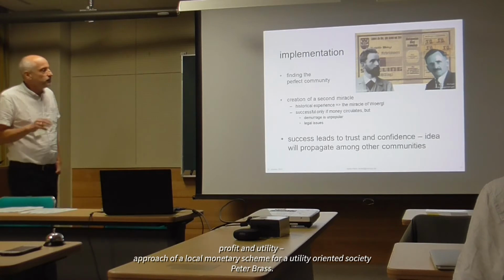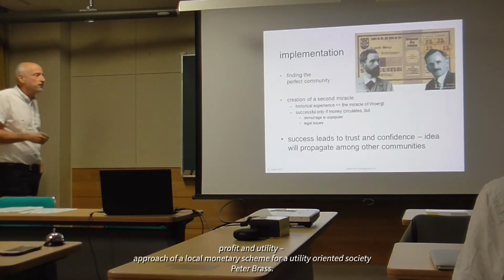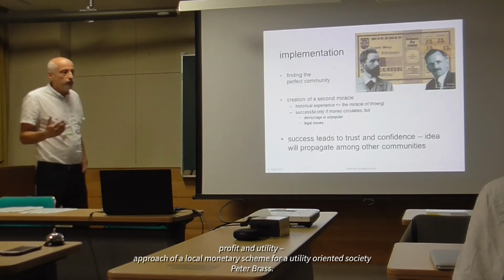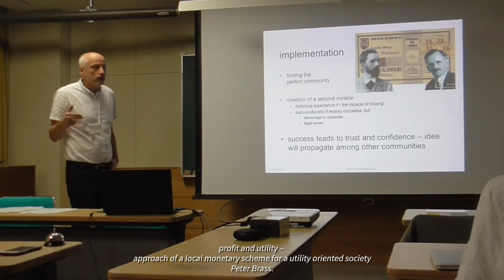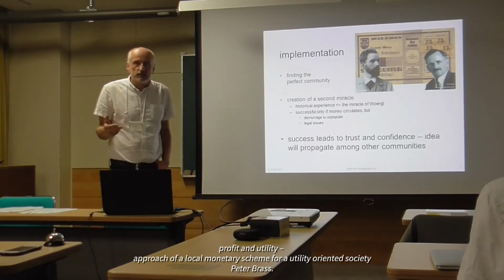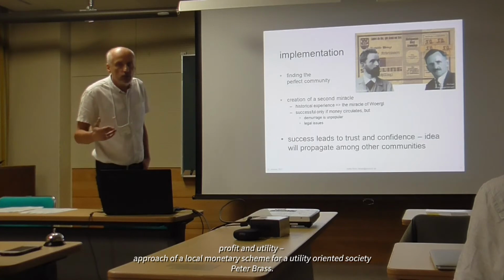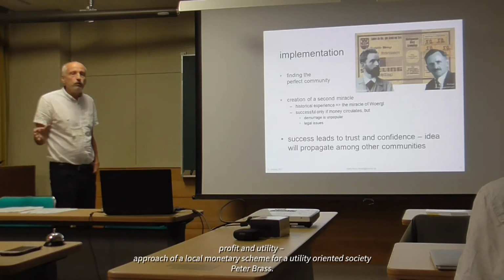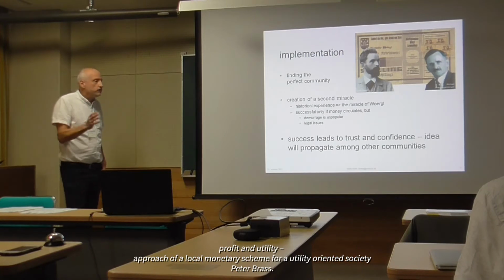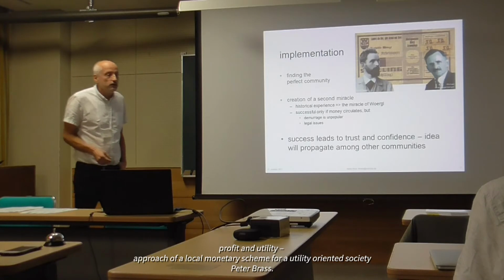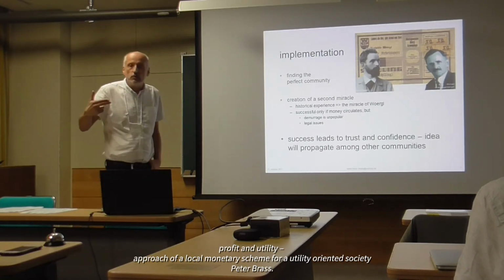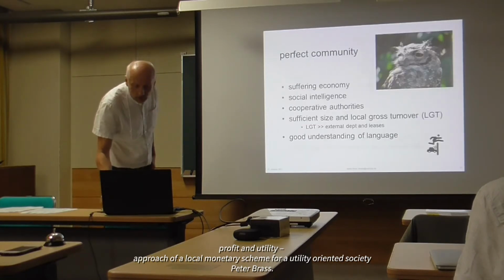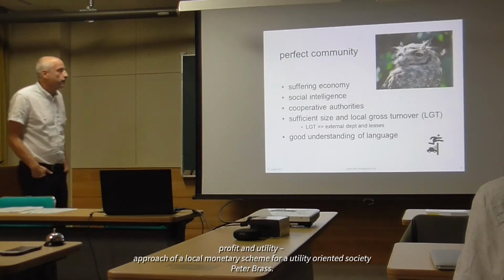So what does miracle mean? It's a historical experiment which we know from Wörgl, where they were relatively successful by implementing a demurrage money, which increased money circulation. But we all know that demurrage is extremely unpopular, and Wörgl had legal issues because the central bank forbade it. So, what does perfect community mean?